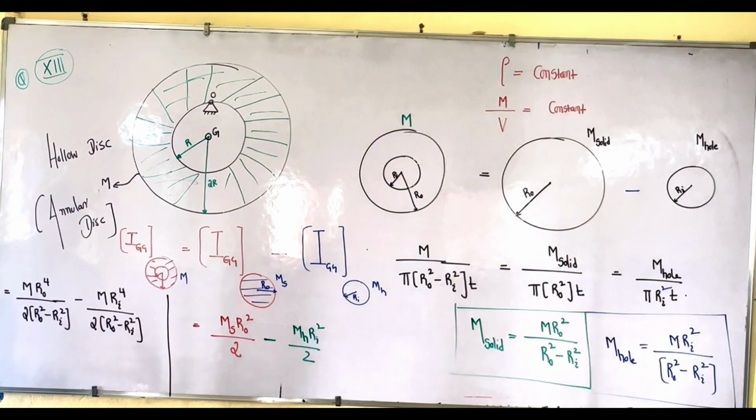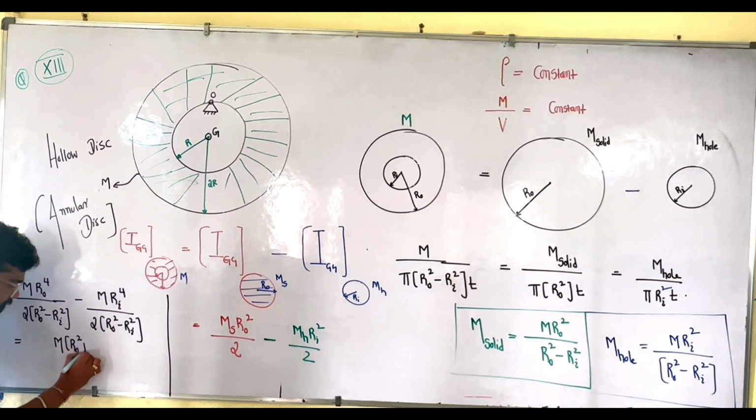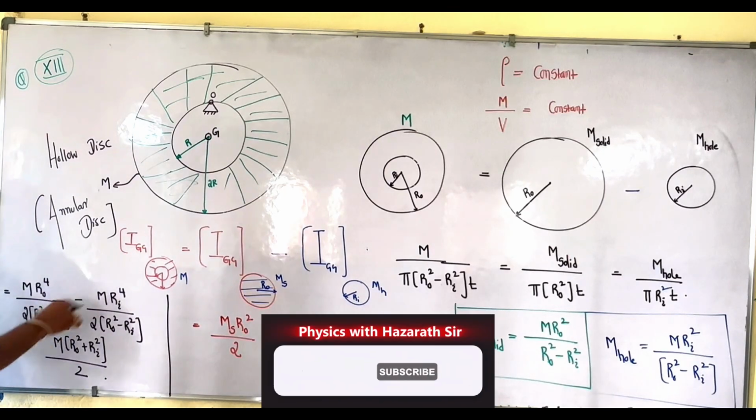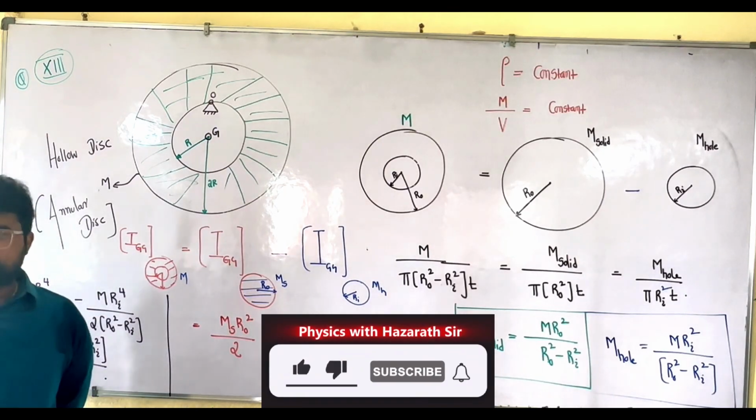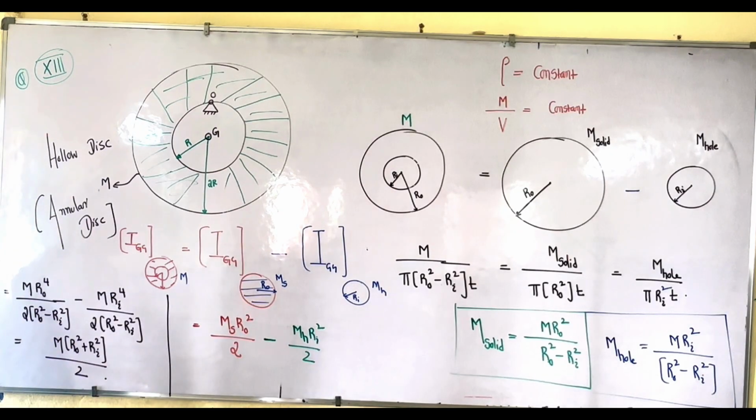Clear? So in the numerator, M into (R0 square plus Ri square) by 2 will be obtained. You can write a square minus b square as (a minus b)(a plus b), so R0 square minus R inner square gets cancelled out.